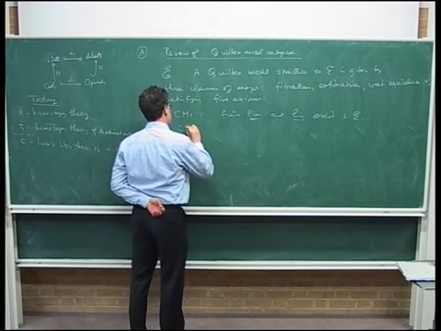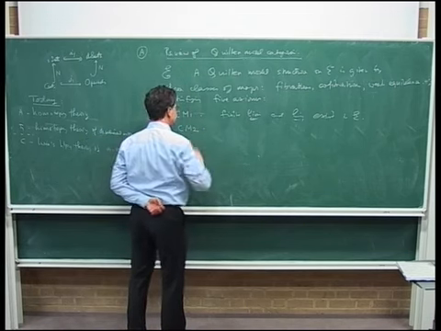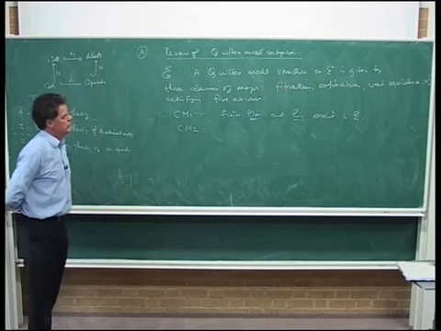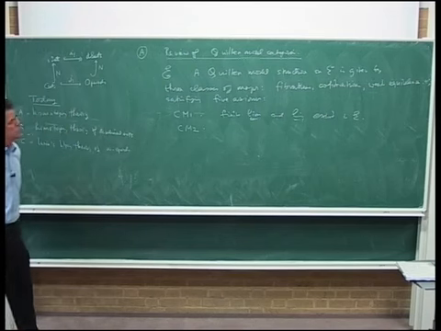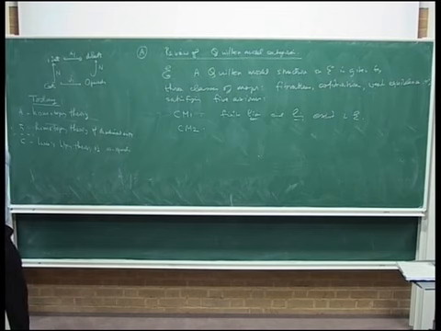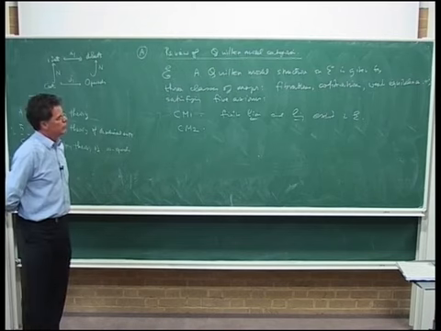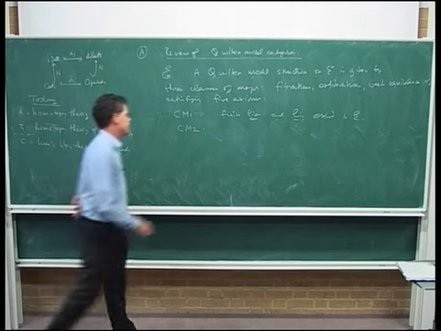The second axiom says that if you have two composable arrows in E, and their composition, you have three arrows, and then if two of them are weak equivalences, then so is the third.